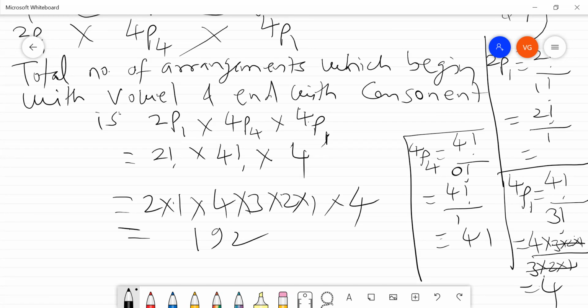So the total number of arrangements which begin with a vowel and end with a consonant is 192. So there are 192 different arrangements of the letters of the word Friday which begin with a vowel and end with a consonant.